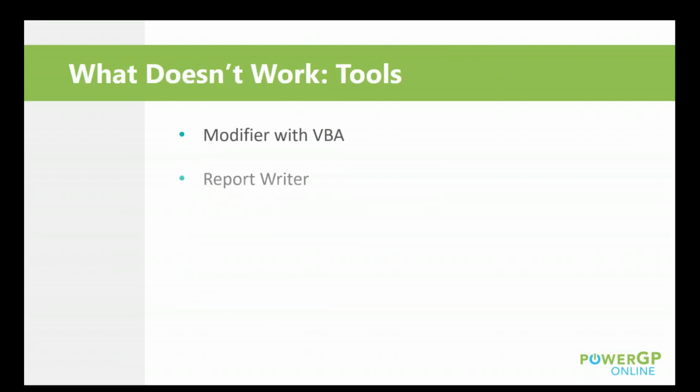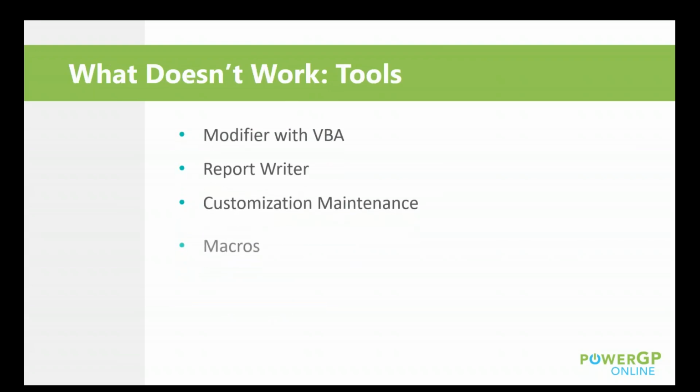Now, there are a few things that do not work in the web client. One of them are the tools you see listed on the screen. Modifier to modify the screens and report writers do not work within GP. Now, you can still use a certain number of reports, and we'll talk more about reports in just a few moments, but there's certainly a lot of things that you can do.